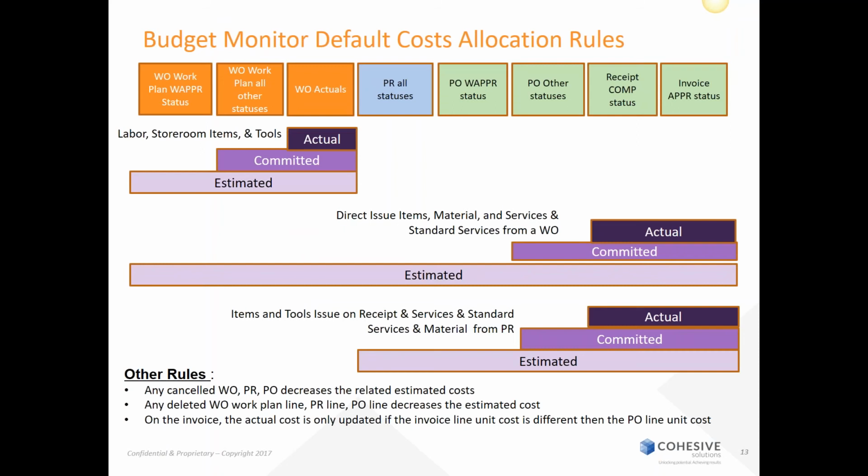So the estimated bucket is anything that's put on a work plan, on the plans tab of a work order that has status waiting approval, and then all other statuses either go to committed or actual. And then you can see the same for direct issues, material, services, standard services from a work order, and POs and whatnot. So this is a good slide, at a high level, to understand IBM's logic and how they've put things together.